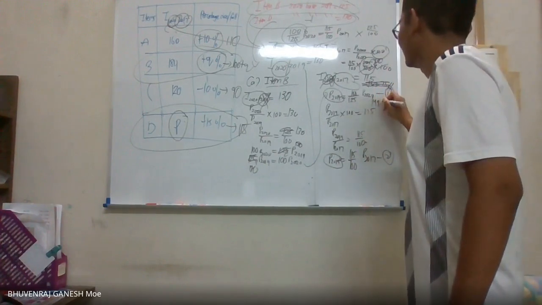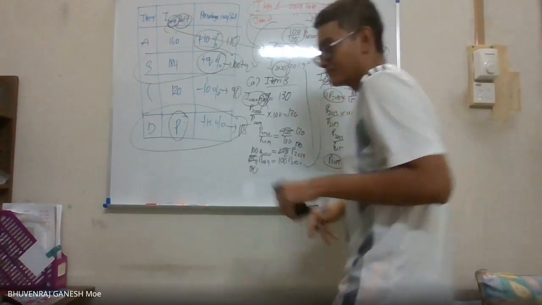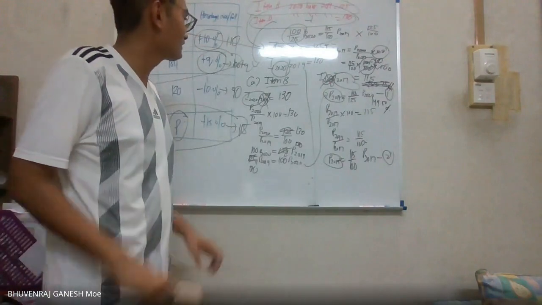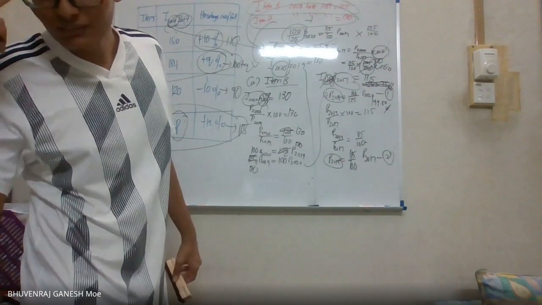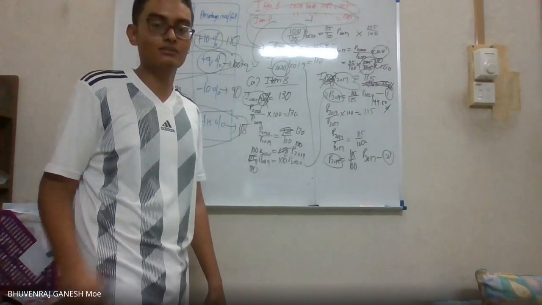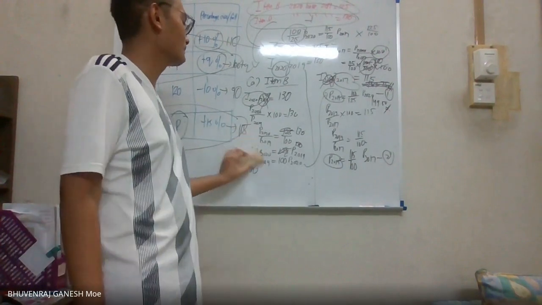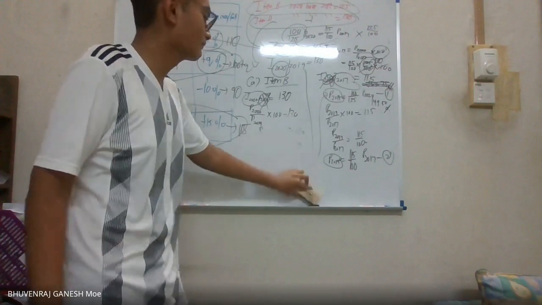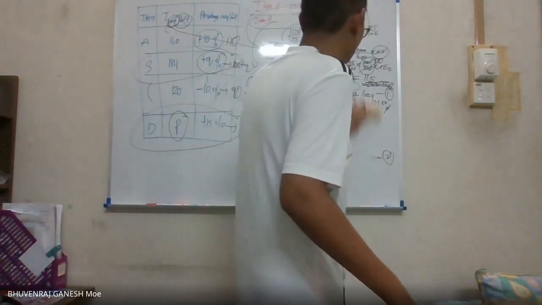Now it's correct. This is the answer. So that is for P. That's how to find it. The same thing for Q, so I won't repeat that one. The only thing for Q is the last one you must minus by 100 because it's a percentage. Other than that, it's the same steps.